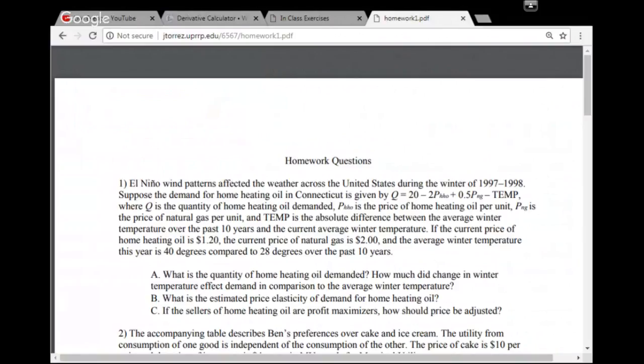Okay, 6.6. The second part of the question is how much did the change in winter temperature affect the demand in comparison to the average winter temperature? And of course, that's 12.